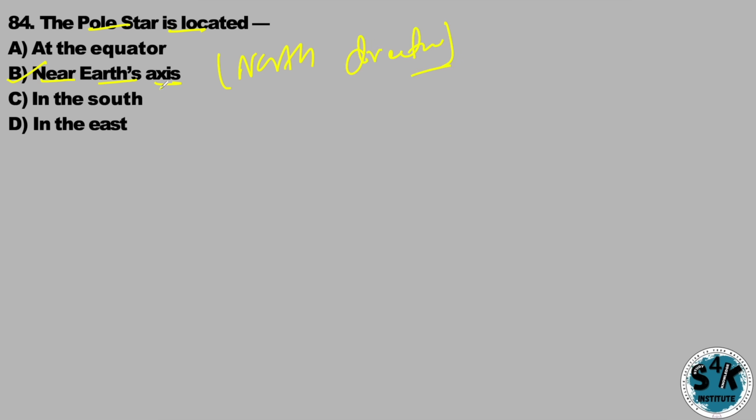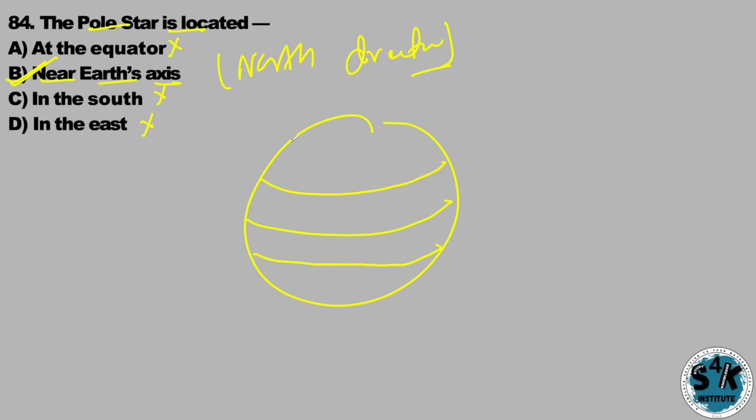It is not directly north, and not at the equator, south or east. The answer is near the Earth's axis. So where is the Earth's axis? This is the equator, this is the Tropic of Cancer, this is the Tropic of Capricorn, this is the Arctic Circle, this is the Antarctic Circle.